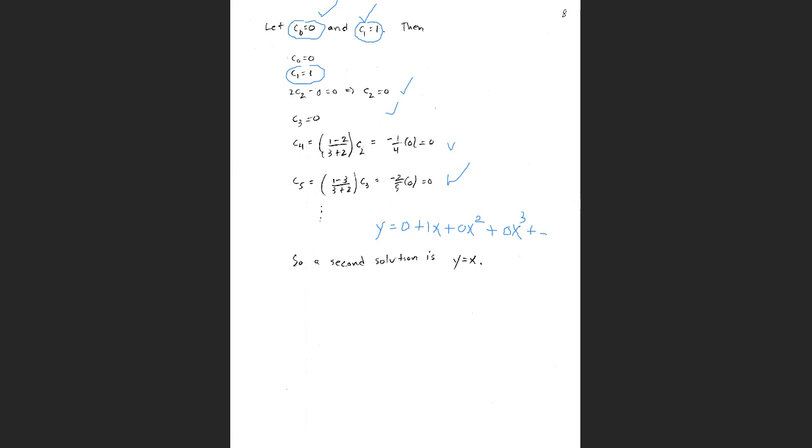For the first power series, we let C sub 0 equal 1 and C sub 1 equal 0. Why don't we just switch it this time? Let C sub 0 equal 0 and C sub 1 equal 1. Keep it simple. That's all they're doing.